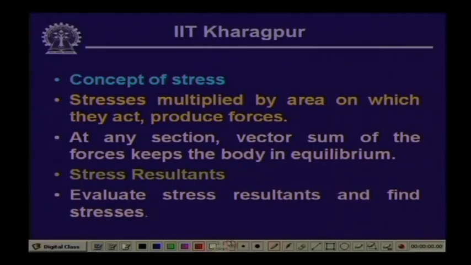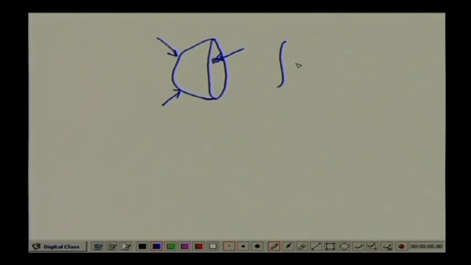Now, if we take a small element in which a stress is acting, this stress multiplied by the area gives the force, which we call the stress resultant, and the total stress resultant, that means the stress multiplied by the elemental area integrated over the whole area, is the resulting force.